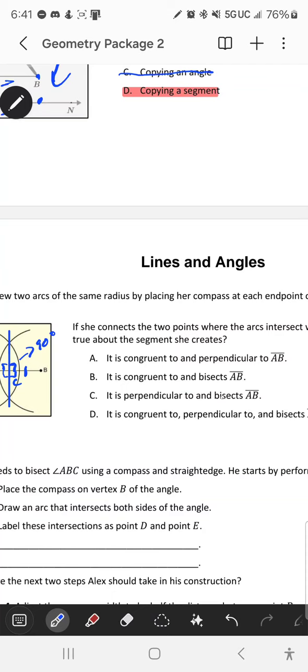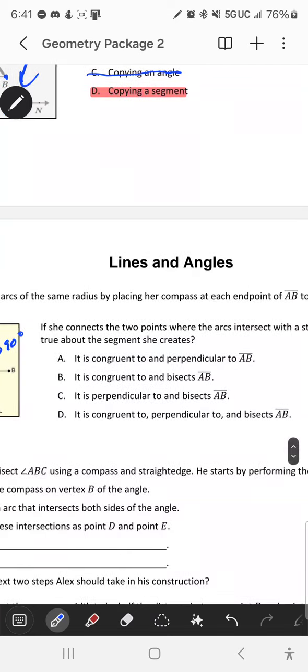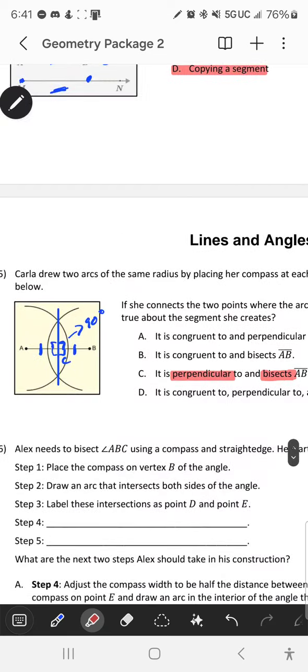It is congruent to and bisects AB. It is perpendicular to and bisects AB. Okay, perpendicular, bisects. I see words that remind me of what I just said. And then, it is congruent to, perpendicular to, and bisects AB.